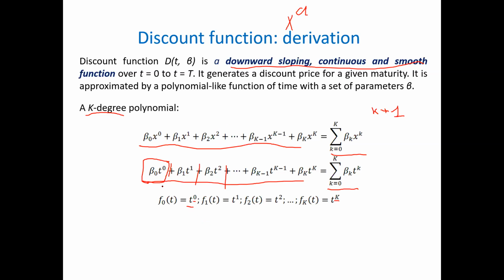Anyway, if you look at the polynomial, then we can say that our polynomial consists of a set of power functions, or we can say that the polynomial function is a complex or composite function, and this composite function has its simple components, and these simple components are power functions.